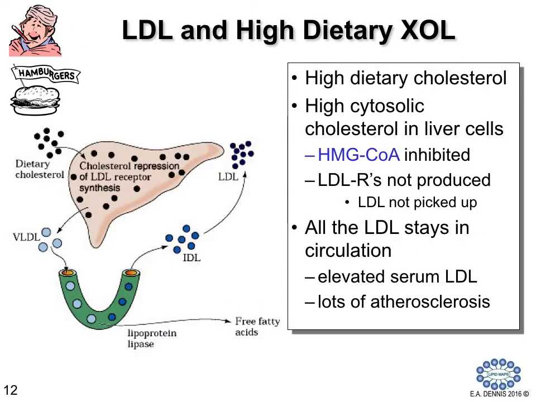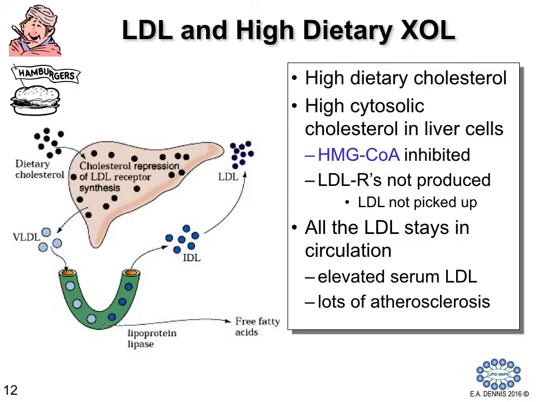Now let's look at the third case of normal livers, but the individual has a high cholesterol diet, the so-called McDonald's diet, and the cholesterol accumulates in the liver, which does turn down the HMG-CoA synthesis of cholesterol, but it also turns off the synthesis of LDL receptors.